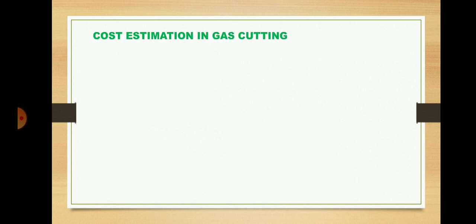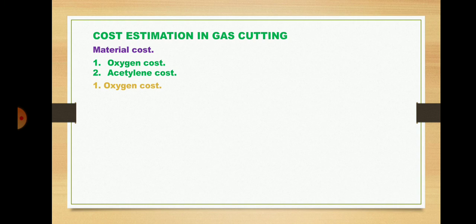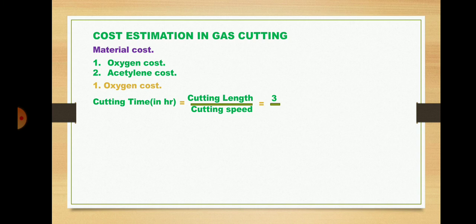Now cost estimation in gas cutting. Material cost: we have two types, oxygen cost and acetylene cost. Starting with oxygen cost, we first find cutting time. Cutting time equals cutting length divided by cutting speed. Cutting length is 3 meter, cutting speed 10 meter per hour, so it is equal to 0.3 hour.